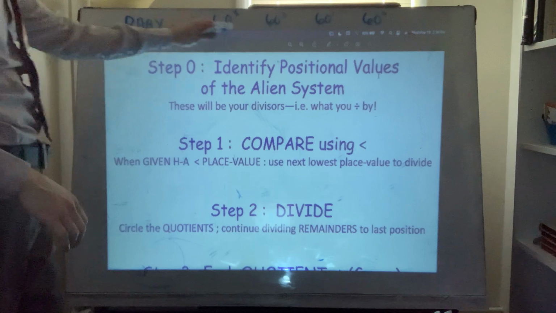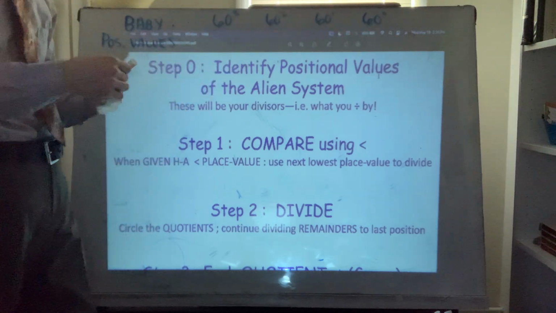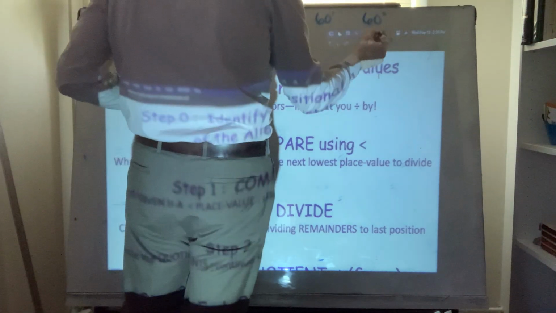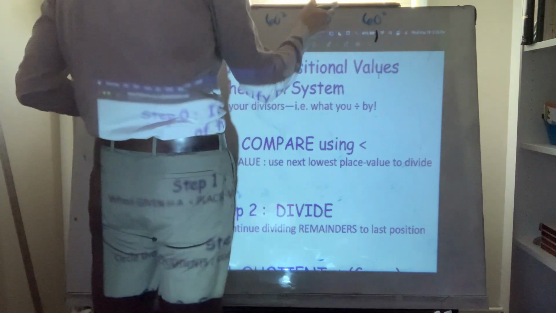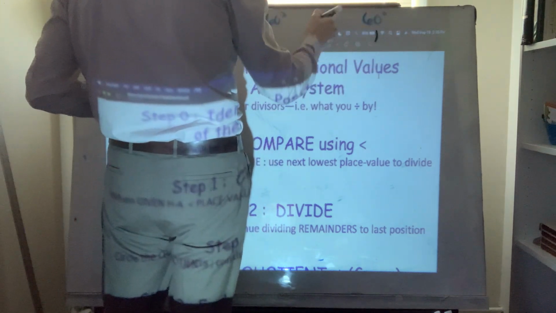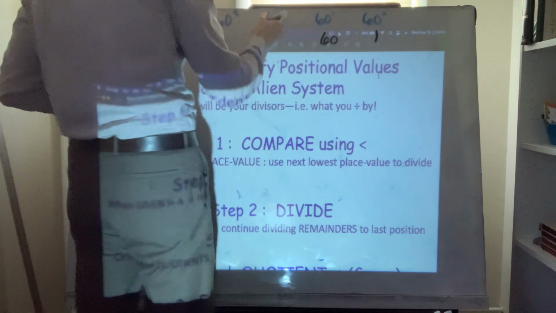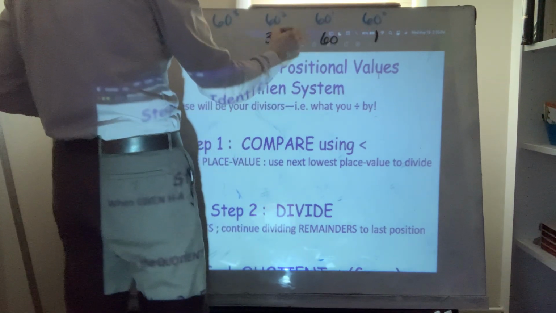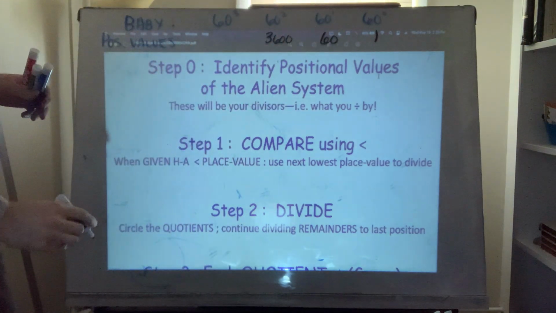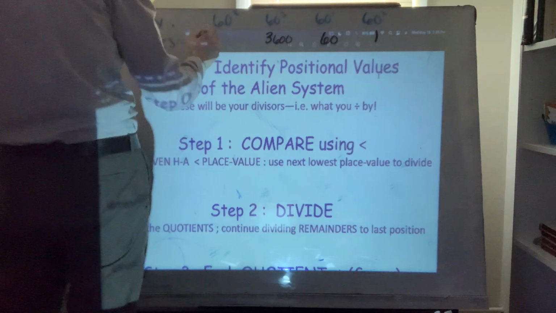What is the value of these powers of 60? 60 to the 0 is really 1. 60 to the first is really 60. 60 squared is really 3600. And 60 to the third is 216,000.